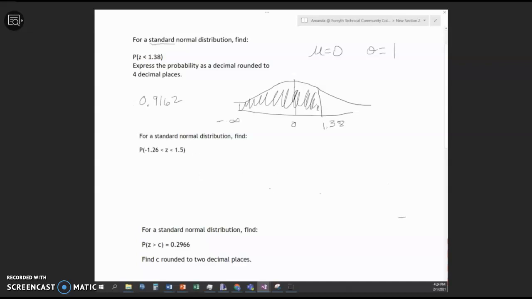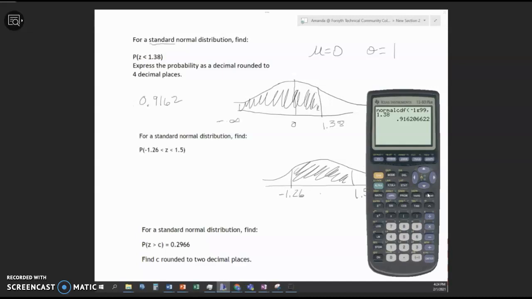Our next problem is the same type of problem for a standard normal distribution. Find the probability that z is between negative 1.26 and positive 1.5. So we want all this shaded area here. Now we don't have to worry about infinities. We can just use those straight endpoints.